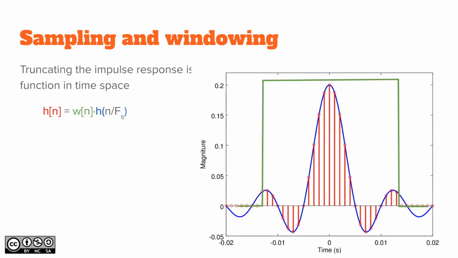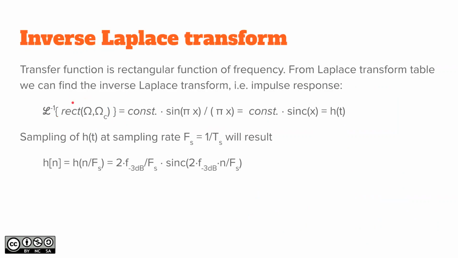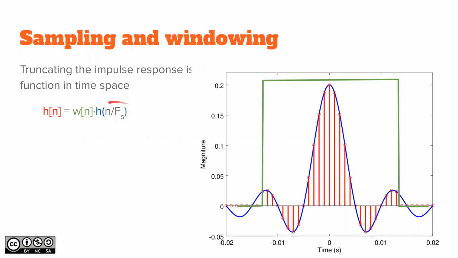Well, thinking of this impulse response here, you are actually multiplying the sampled sinc, sampled from continuous time. Now, the sampled continuous time impulse response is multiplied by the window. So we actually have this window shape.